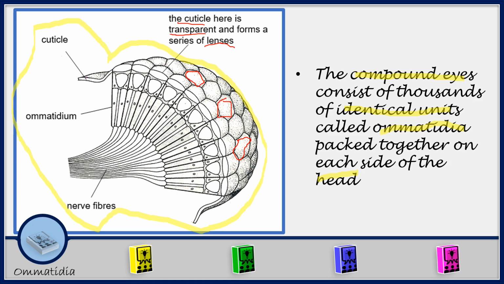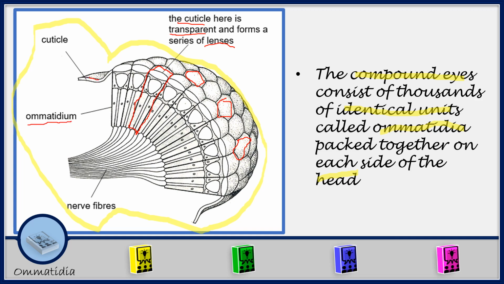If you cut out one lens like this one here, from the cuticle you come to the cone, you go down like this, and from here you go down like this. The whole of that section is what we call the ommatidium.